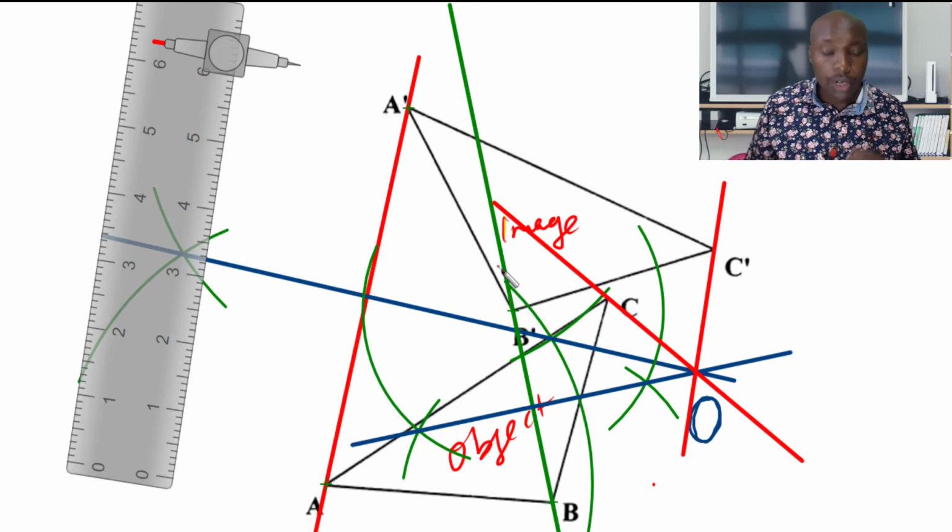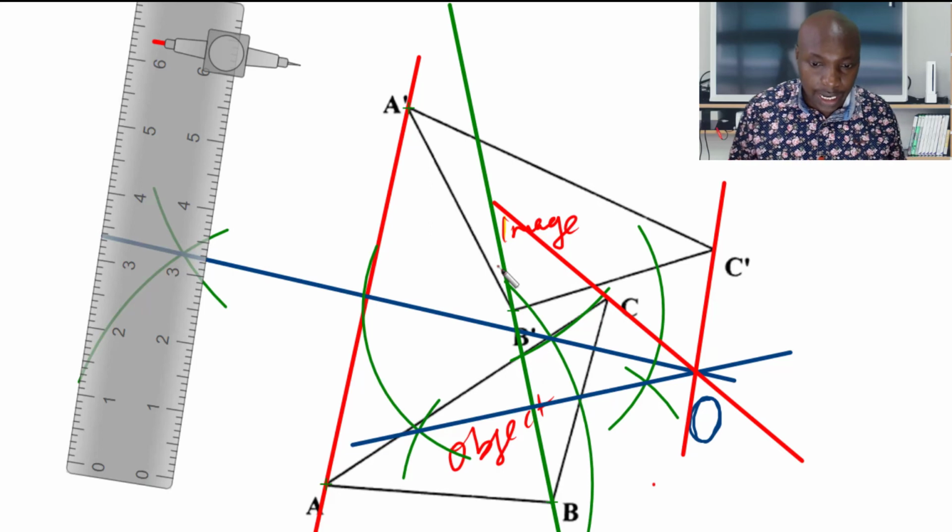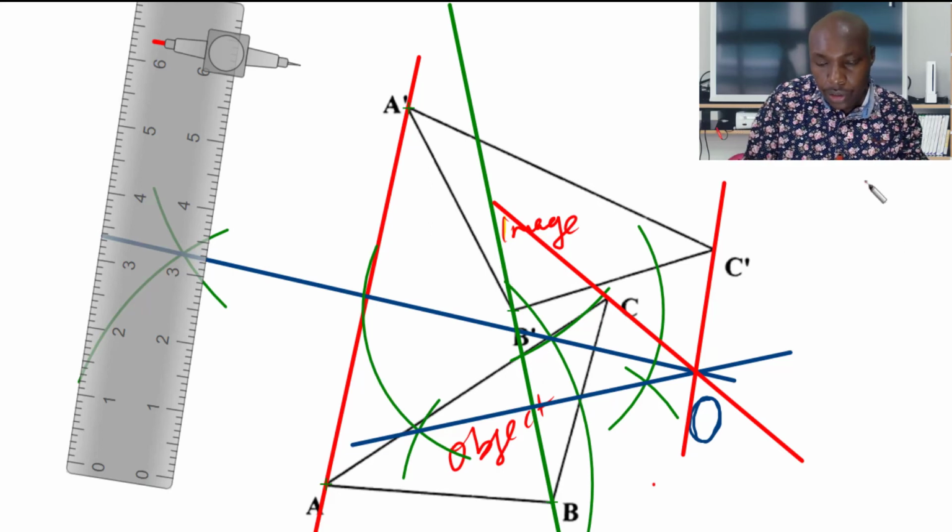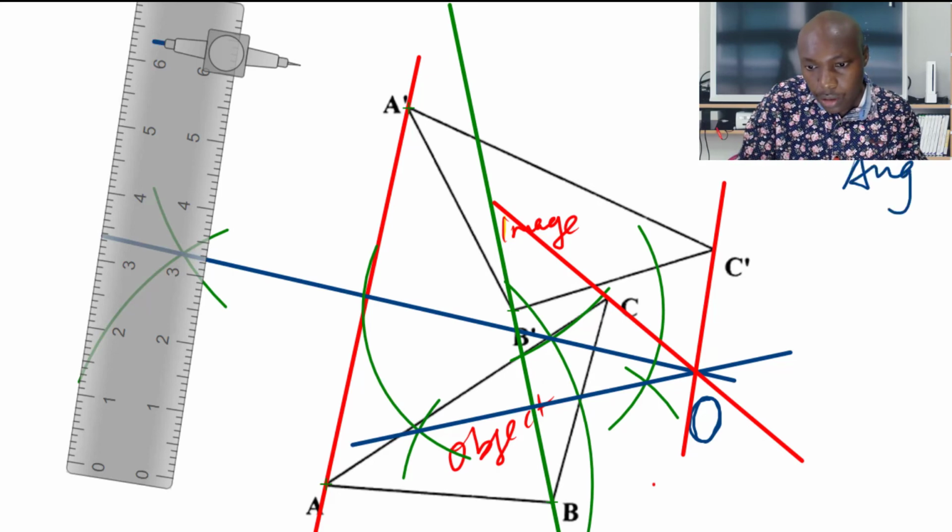So now the required angle is the angle that is here, B prime. So the angle of rotation is given by C O C prime.